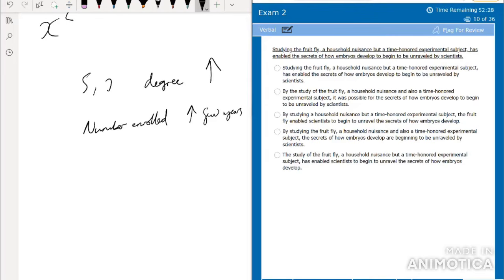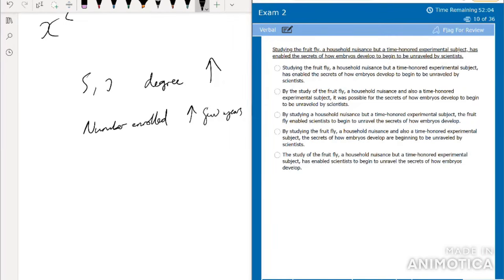Studying the fruit fly, household nuisance, but a time-honored experimental subject, has enabled the secrets. That doesn't sound right. Of how embryos develop to begin to be unraveled. Okay, so that's just nonsense.